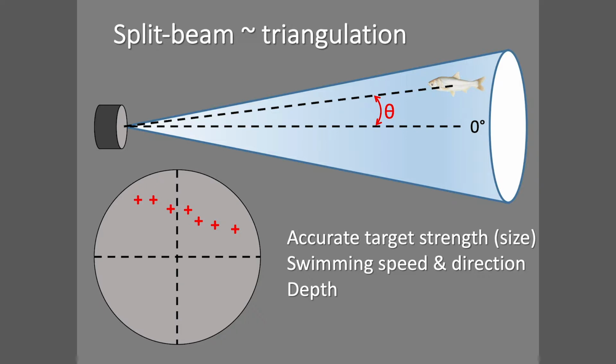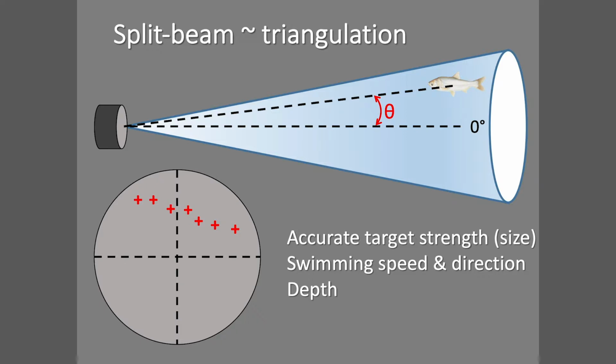It's the same idea with split beam hydroacoustics. You have different listening points on the face of that transducer, so we can tell, based on the time that it's received, where that fish is located in 3 dimensions.